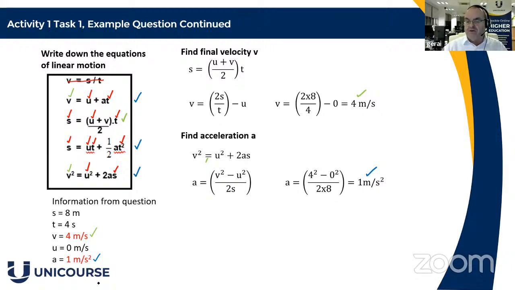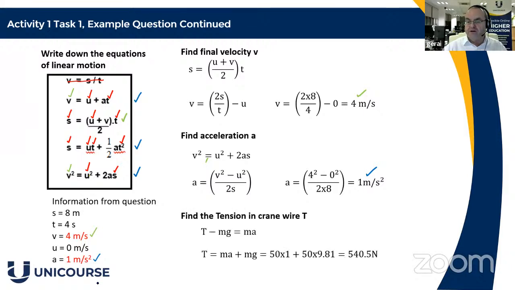So now we can come to solving the question. So find the tension in the crane wire. We know from the previous page that tension minus mg is equal to the mass times the acceleration.